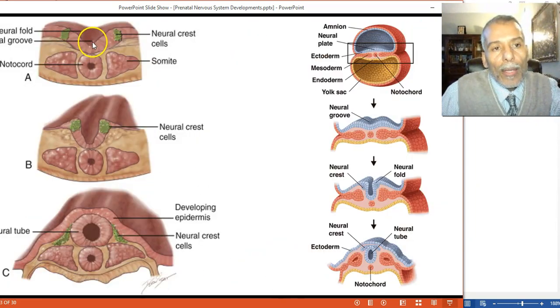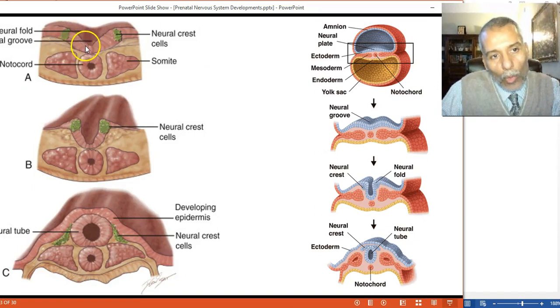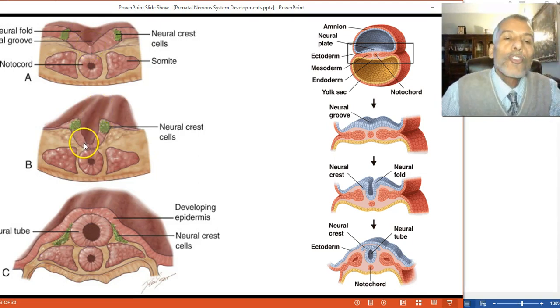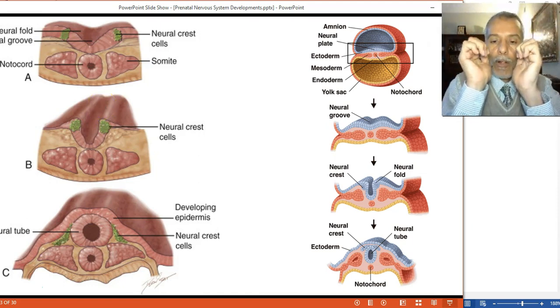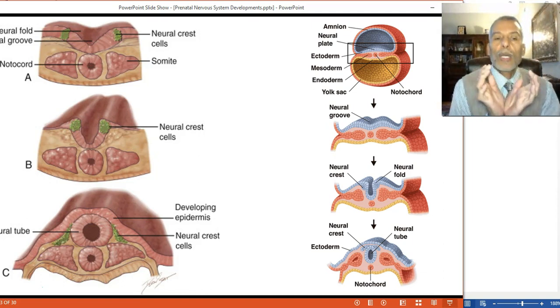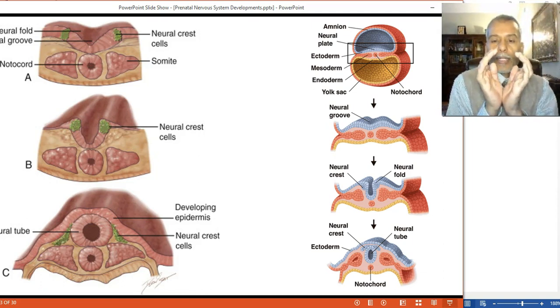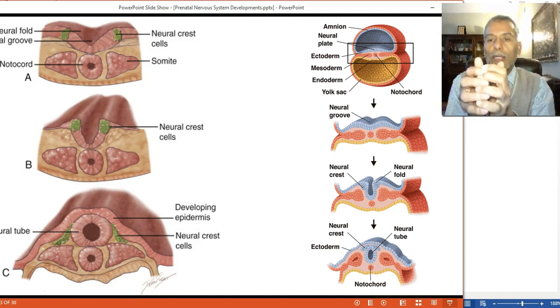And then it goes downward, it curves down to form that furrow, or the neural groove, and it extends from front to back. Gradually the edges of the furrow elevate and keep coming closer, and then they fuse like this.